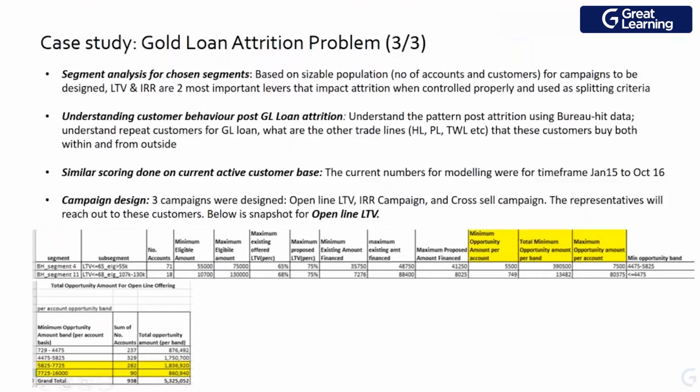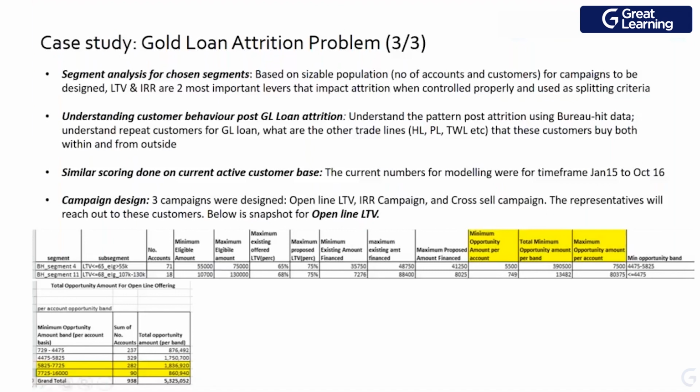Next, we also understood the customer behavior post the gold loan attrition. The client also wanted to understand that, fine, the customer has attrited and is no longer with us, but what do they do after they have attrited? And this you usually get from your bureau hit data, because in bureau hit data you have their past history.